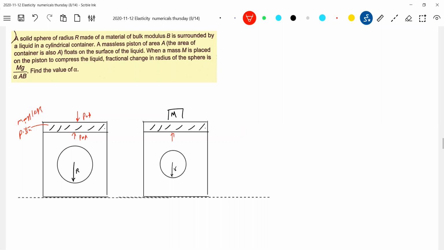Now when I place the mass, the pressure will become P, so PA minus P naught A equals the weight.